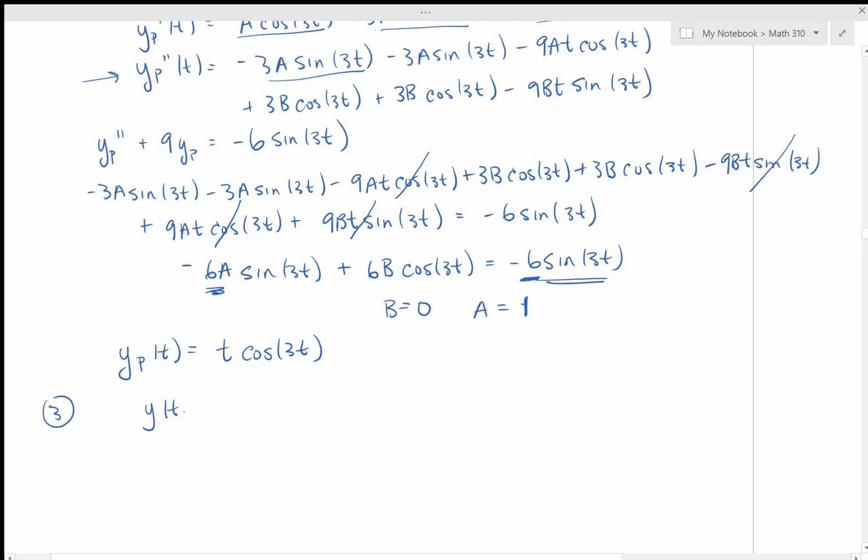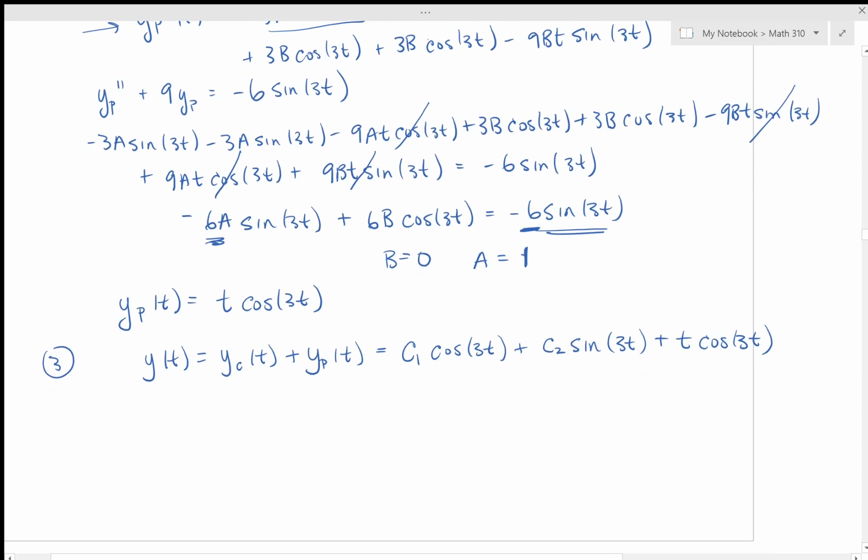So y of t equals the homogeneous solution plus the particular solution, and that is c1 cosine 3t plus c2 sine 3t plus t cosine 3t. There it is. And the final step is to use the initial conditions to determine C1 and C2.